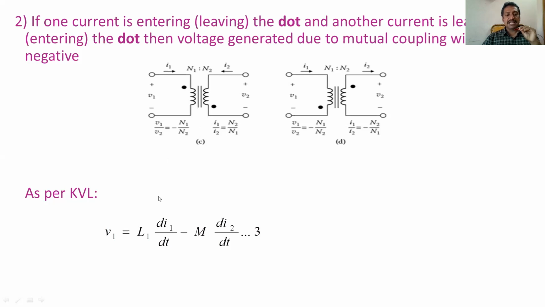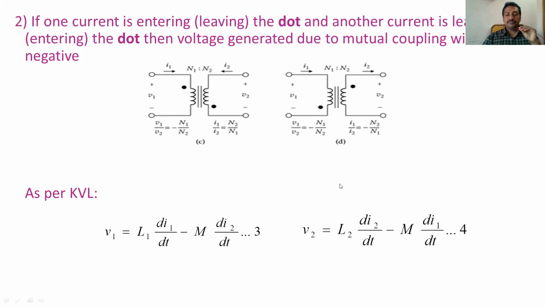Self-induced EMF is L into di by dt, but here it is L1 di1 by dt. What is the mutual induced EMF? M into di by dt, but here it is M into di2 by dt, the induced EMF developed in the secondary coil. So this is about V1.